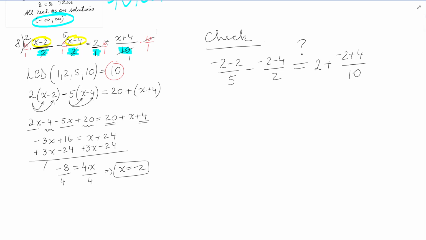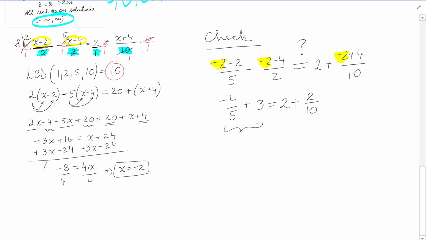So everywhere it was x before, I replace with negative 2 because that's what we got as our solution. Negative 2 minus 2, that's negative 4 over 5. Negative 2 minus 4, that's negative 6. With the negative in front, it's plus 6 over 2, which we can directly say it's 3. Equals 2 plus, well, negative 2 plus 4, that's 2 over 10, which can be written, let's write 2 over 10 for now.